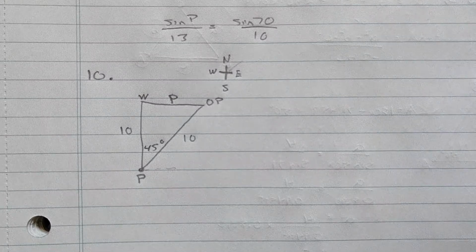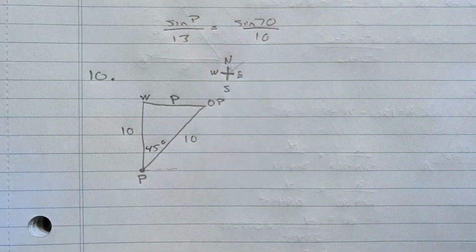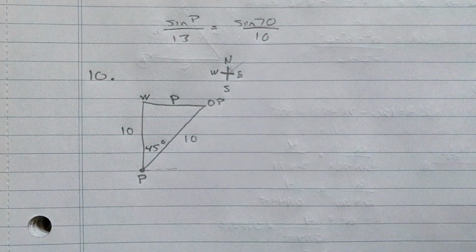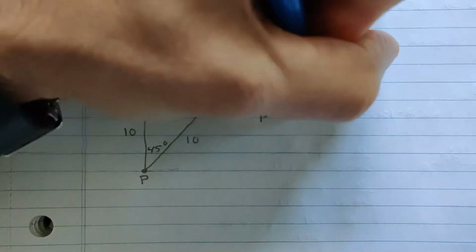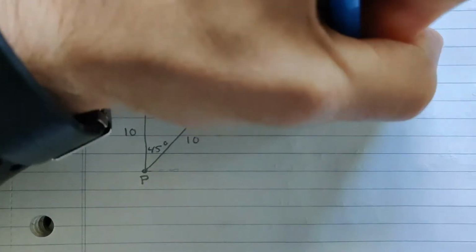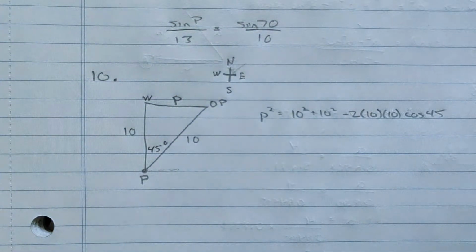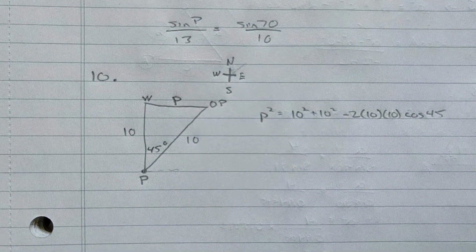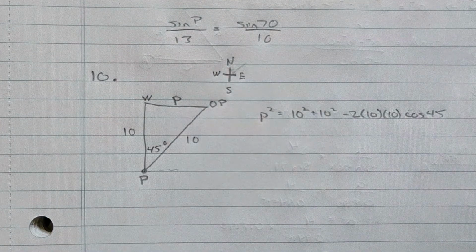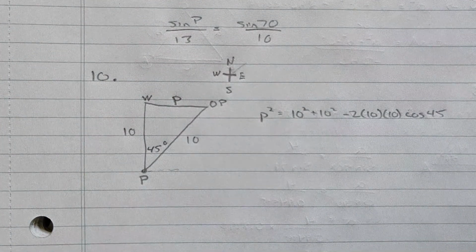So that angle there is 45. Thus, we can find that distance using the cosine law, so it would just be p squared equals 10 squared plus 10 squared minus 2 times 10 times 10 times cosine 45. And then we just fill all that in. And again, you can put that all in our calculator.